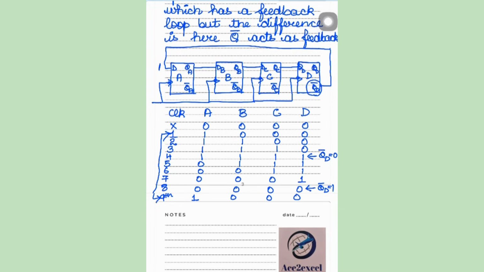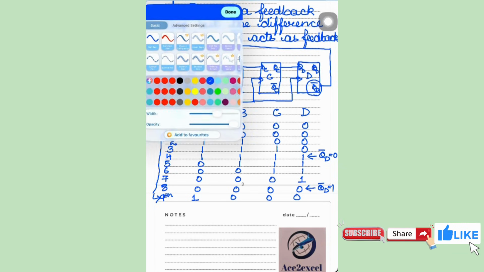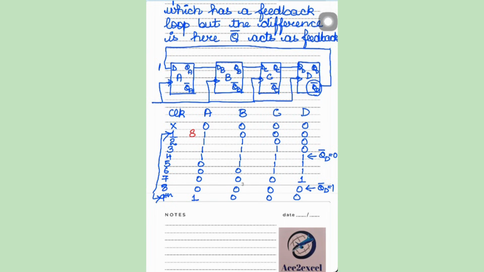Now let's take a quick look at the values in the form of decimals. At the first value, it was decimal 8. This is decimal 12. This is decimal 14. This is decimal 15. Then it is decimal 7. Then it is decimal 3.